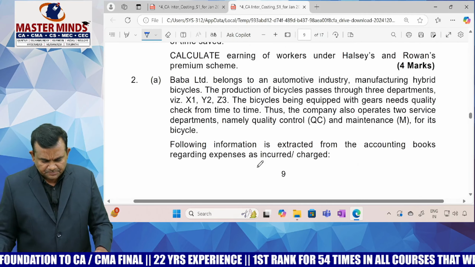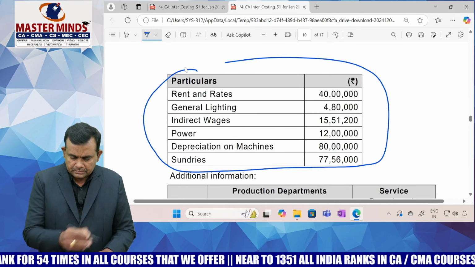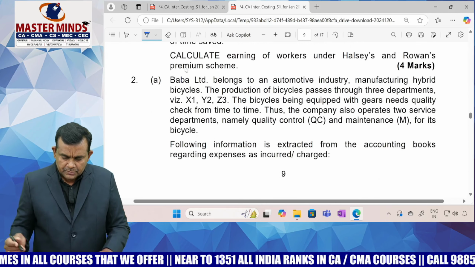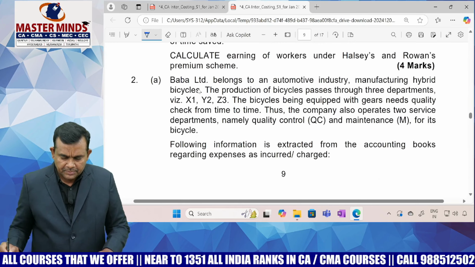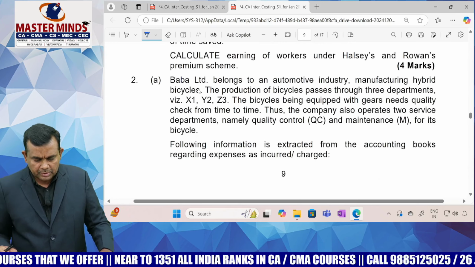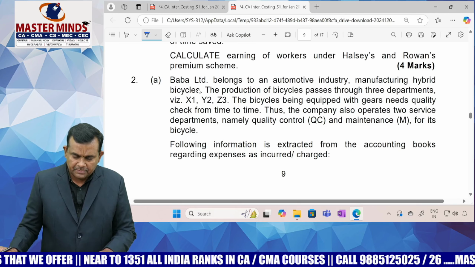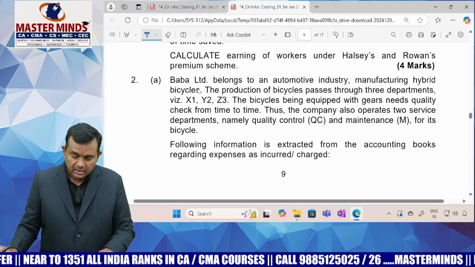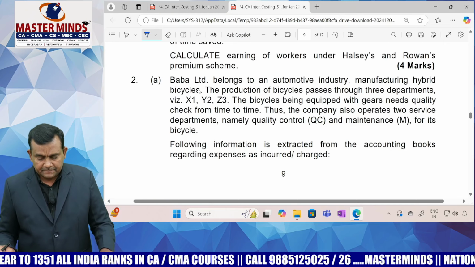So this question related to overheads chapter, sir. So common overhead cost elements given. The company belongs to an automotive industry manufacturing hybrid bicycles. The production of bicycles passes through three departments, namely X1, Y2, Z3.